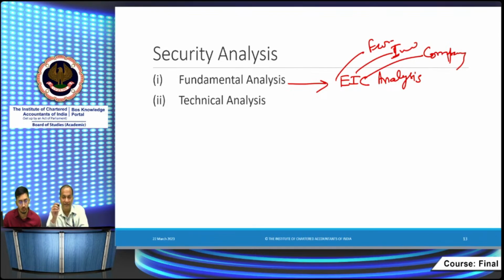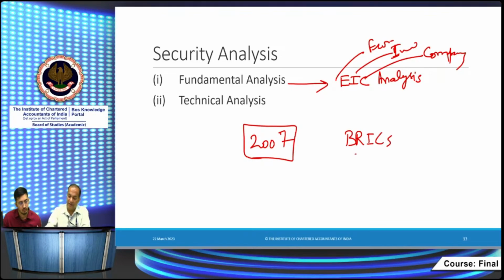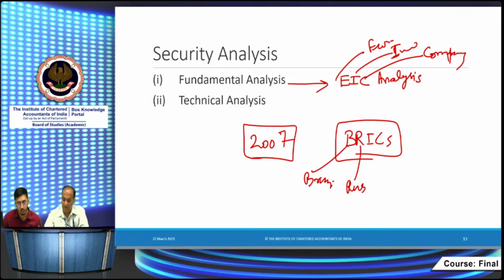Okay, students, let me give you a very small example. Somewhere around 2007, the concept of BRICS came into the picture. BRICS means Brazil, Russia, India, China, and South Africa.